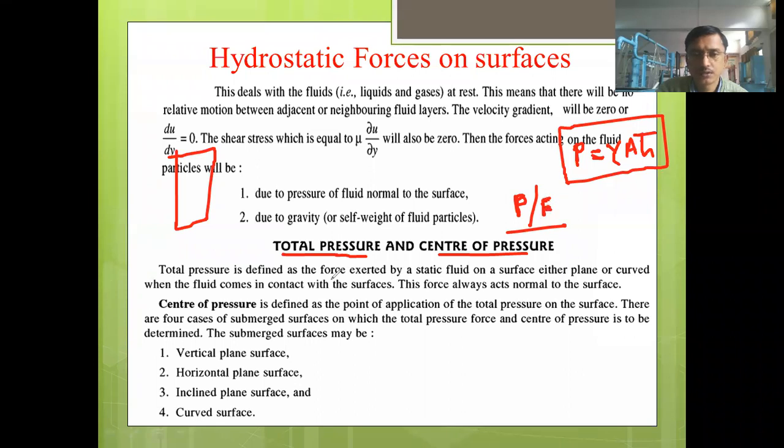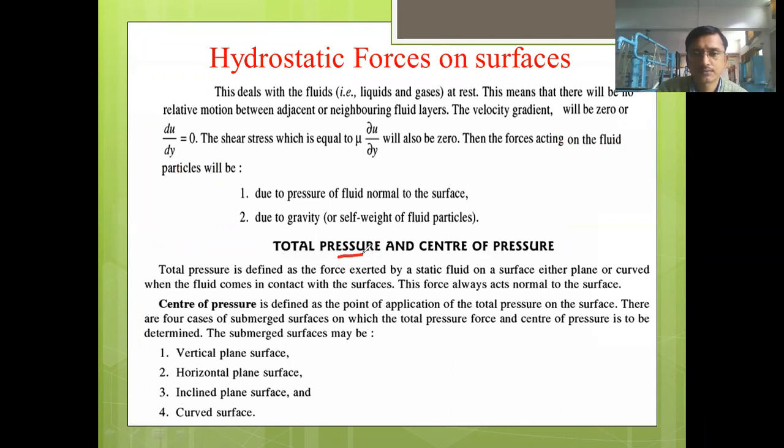Sometimes they call it total pressure and sometimes total pressure force. Actually it is a force, but while writing they write total pressure. Let us write down the definition for the total pressure first. Total pressure is defined as the force exerted by a static fluid.